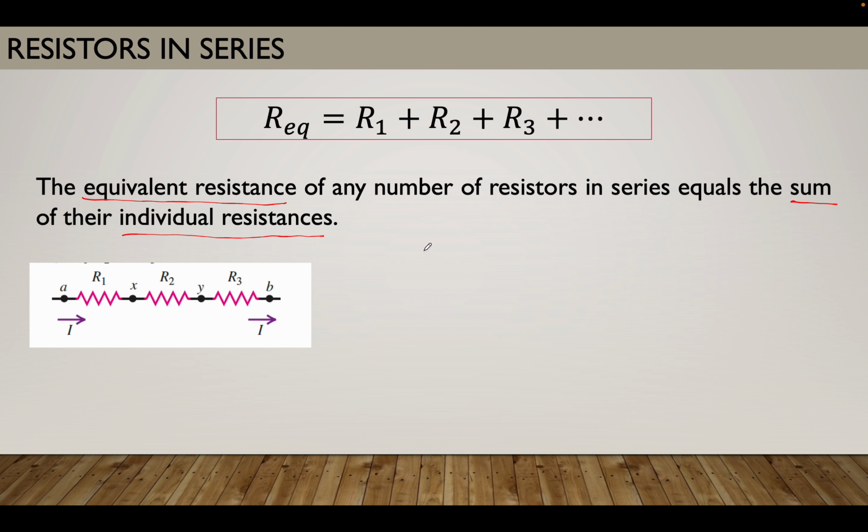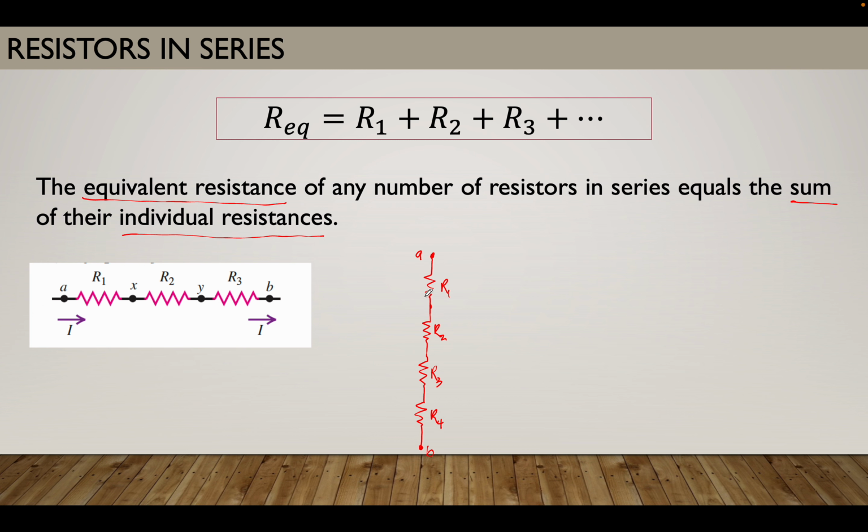Or another example would be, let's say from point A, naka-vertical siya. Then we have another one, then another one, and so on, up to point B. So let's say we have R1, R2, R3, and R4. This is what resistors in series look like.